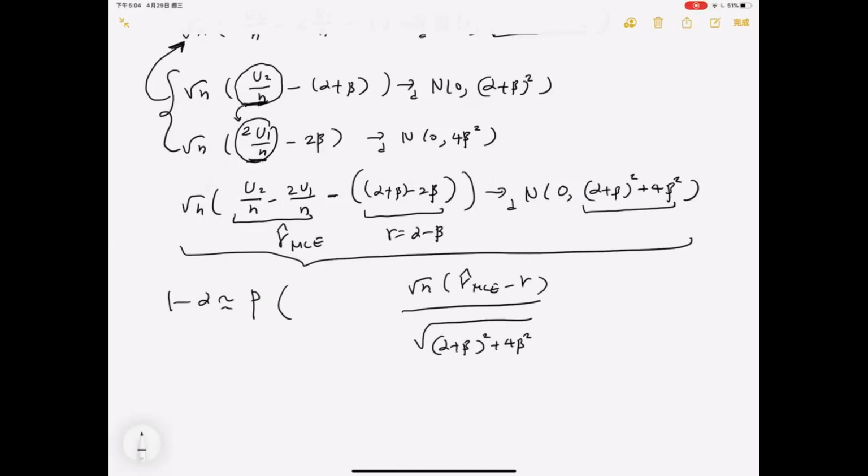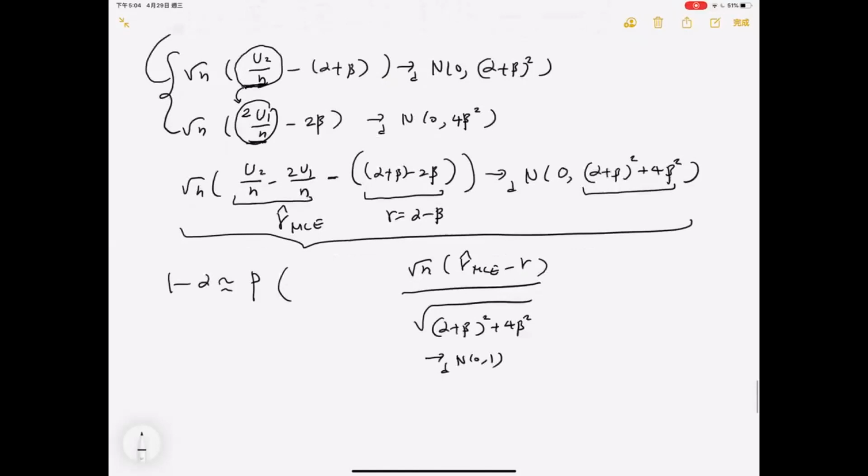Because you do know asymptotically, this guy is going to follow normal 0, 1. Then automatically, asymptotically it is a pivotal quantity. Then it's easy to find quantile to quantile. A to B, pivotal quantity, A to B, quantile to quantile. Because my pivot is normal 0, 1, so nothing but normal 0, 1 quantiles.